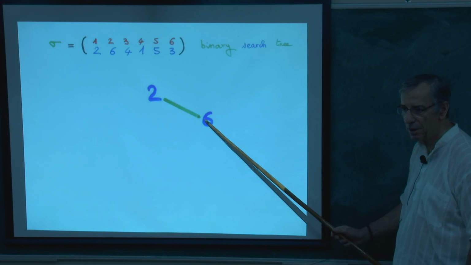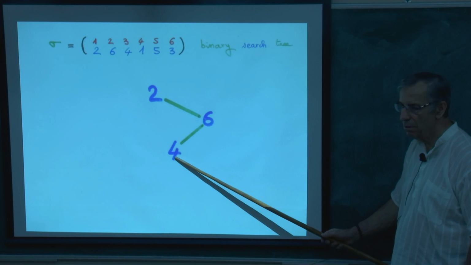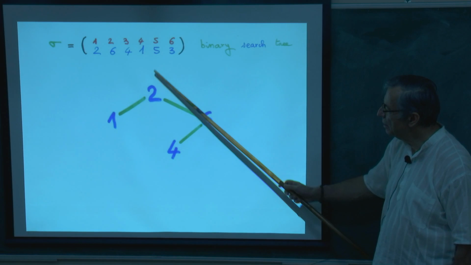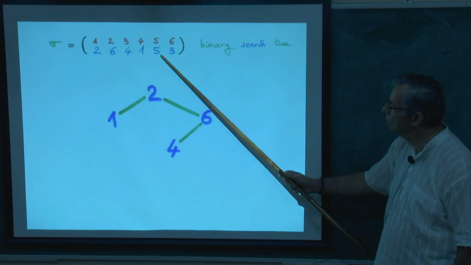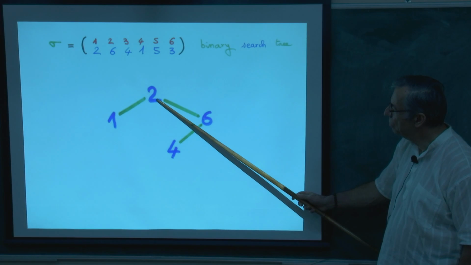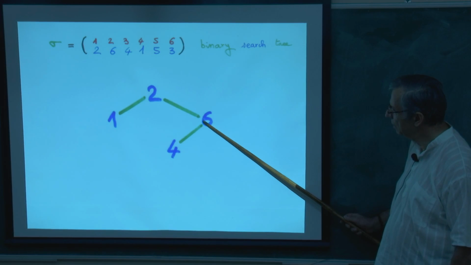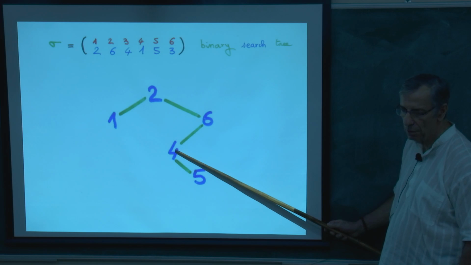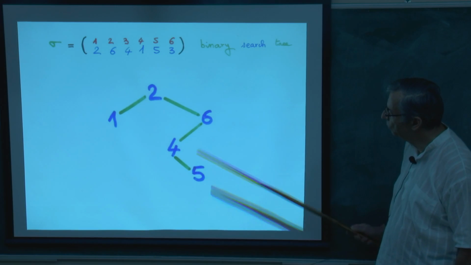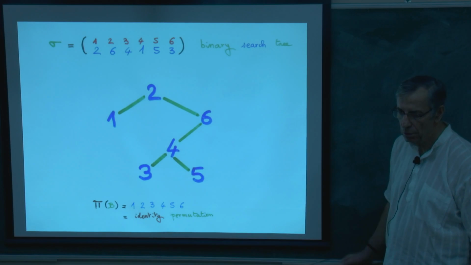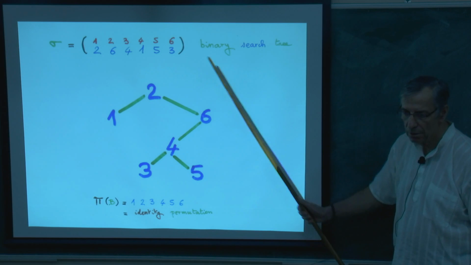I compare to 6. 4 is less than 6, so I put it there. Now you put the 1. 1 is less than 2. See the rule. 5: I compare to 2, bigger; less than 6, bigger than 4. And 3: bigger than 2, less than 6, less than 4. So you put the 3 here. So this is called the binary search tree.